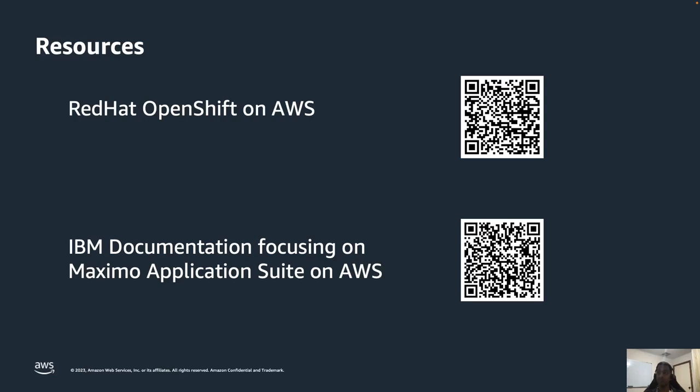Feel free to follow the documentation. The other quite important documentation is IBM's documentation, which focuses on MAS on AWS. Highly recommend going through that, in addition to the workshop when it becomes available.